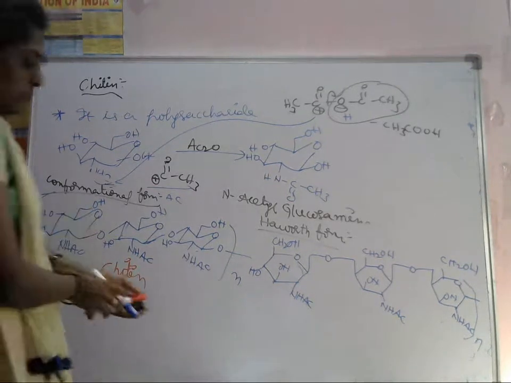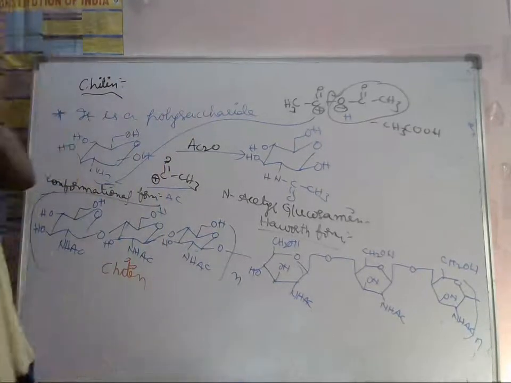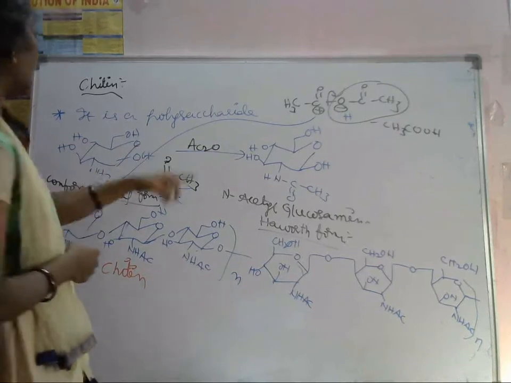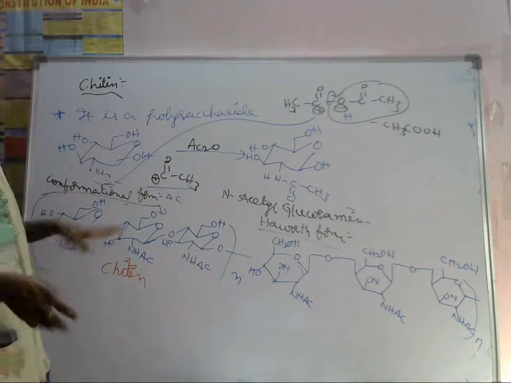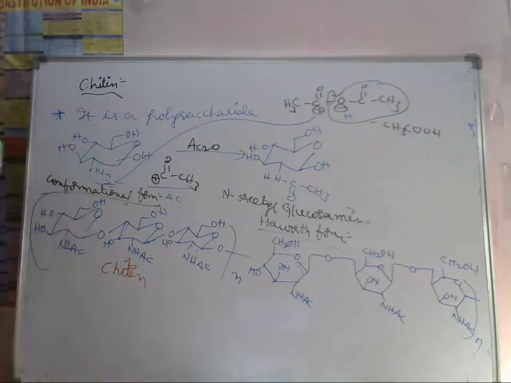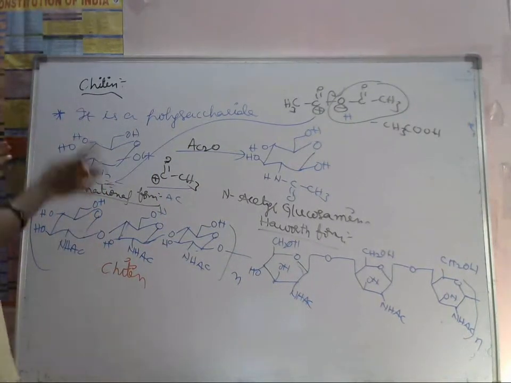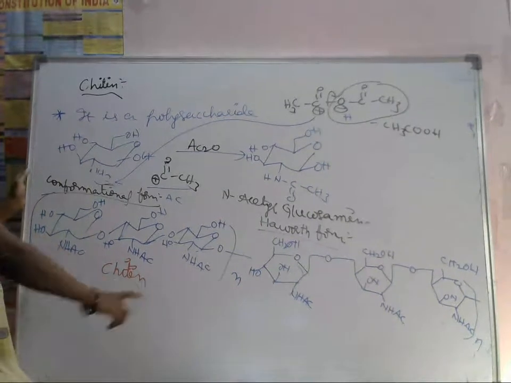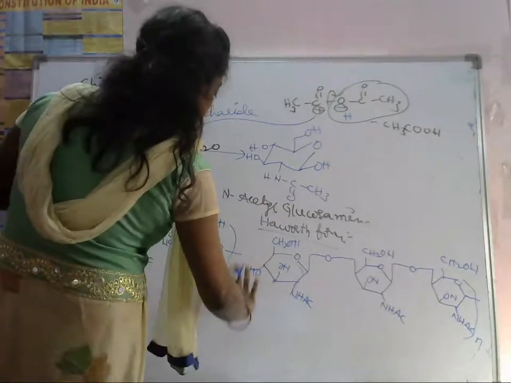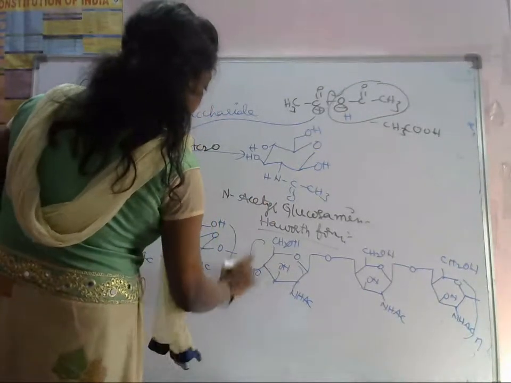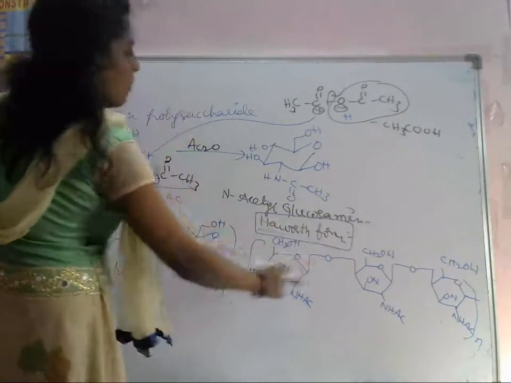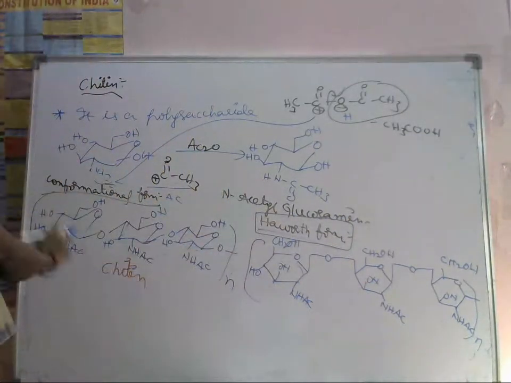So next one, starch. Okay, so this is about chitin. Chitin is nothing but N-acetyl glucosamine molecules. A number of N-acetyl glucosamine molecules are combined and form this chitin polymer. Okay, chitin polymer. This is the Haworth form we can represent, and the conformational form is this one.